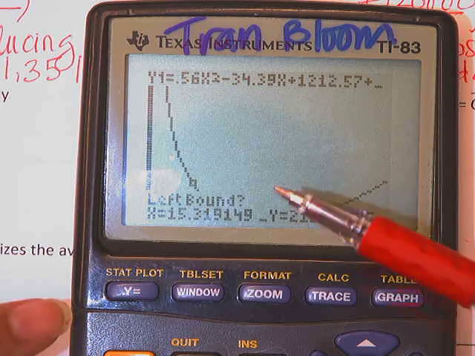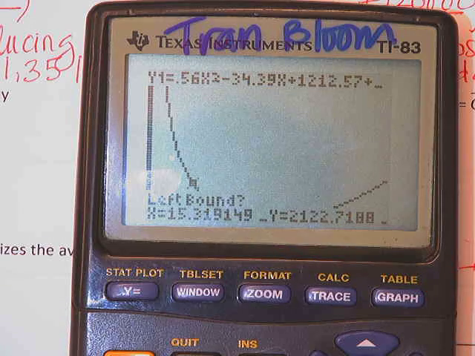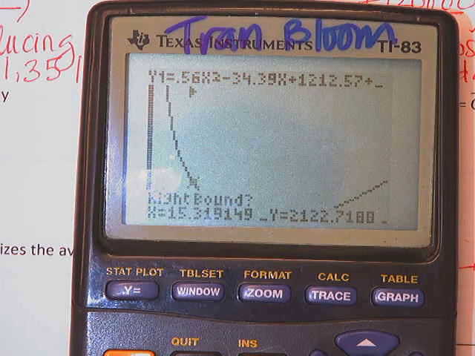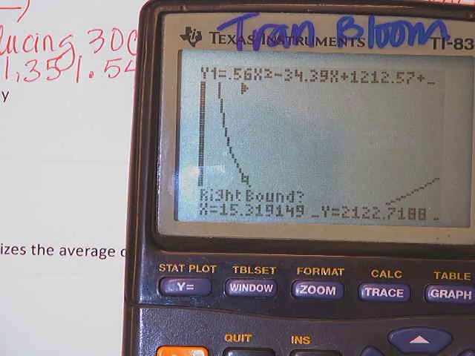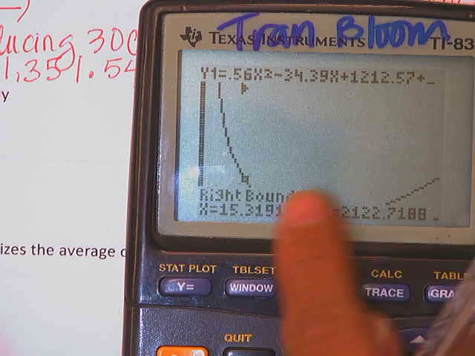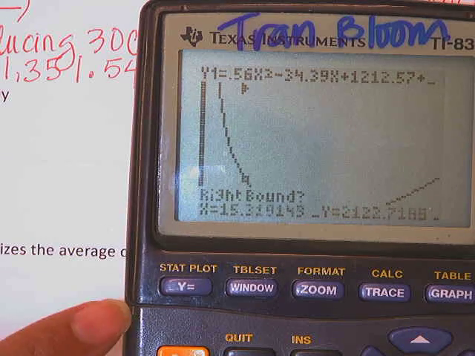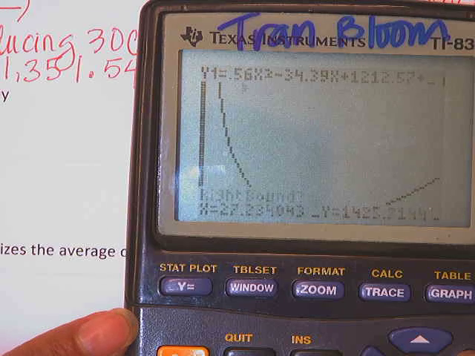Alright, so see, I moved this blinking piece right here to the left-hand side. I'm going to hit enter. Again, hit enter. It's going to prompt, where is your right bound? Where's the right-hand side of the point you're trying to locate, which is the minimum point, which is, I know, somewhere down there. So I'm going to move it to the right of the screen. Keep on going.